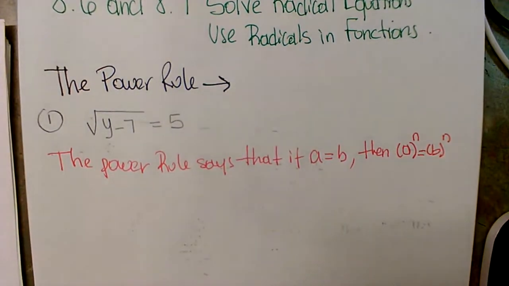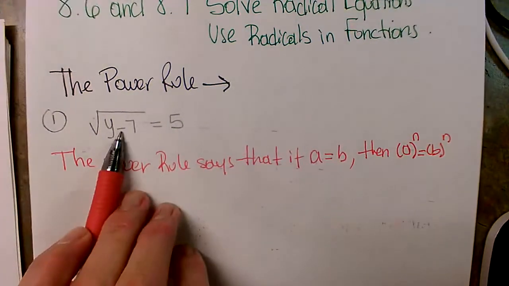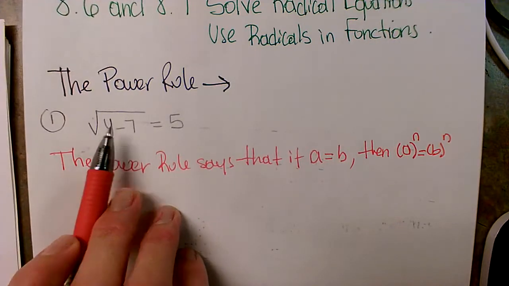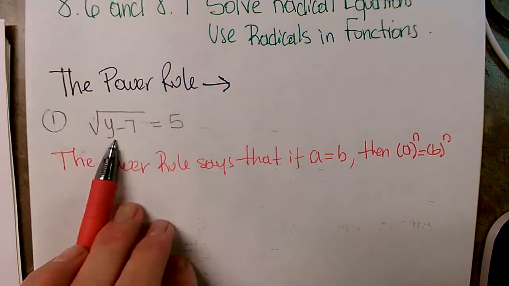That's what the rule says. So for this one, to solve for y, we need to get rid of the radical.